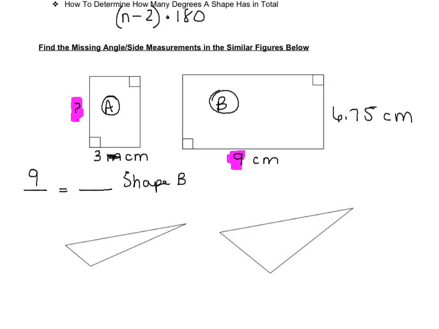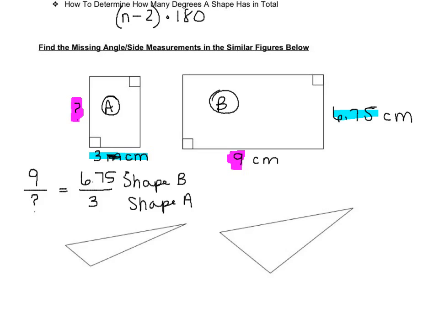So in my proportion, this would be my question mark. Shape B is on the top, so my second side for shape B, the 6.75, is what would correspond to my 3. So shape 2 goes on top, 6.75, and I have a length of 3 on the bottom, since it's shape A information on the bottom.